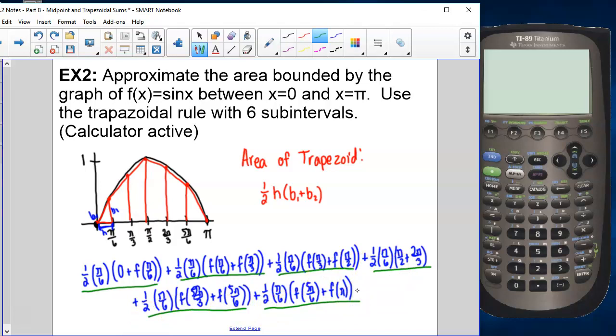Now, before I have to type all this into the calculator, because this right here is a pain to type in the calculator with all of those pi's and fractions, let's see if we can't make it just a little bit more simple. You probably got tired of me writing something over and over again, right? Because for every single one of these, I did this 1/2 times pi over 6.